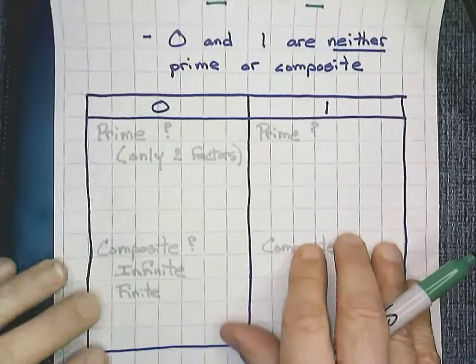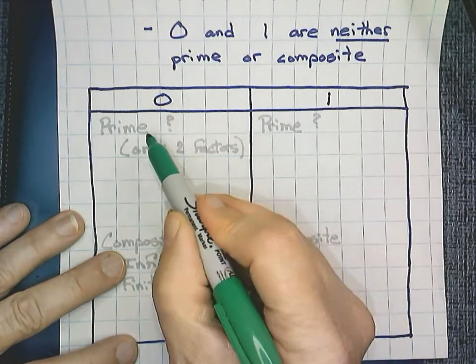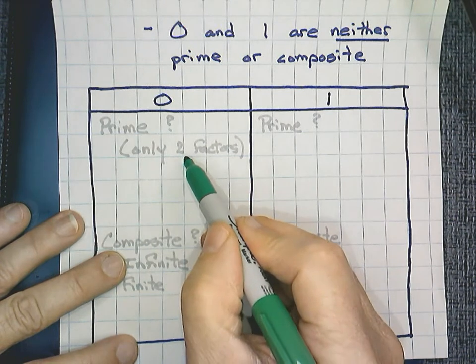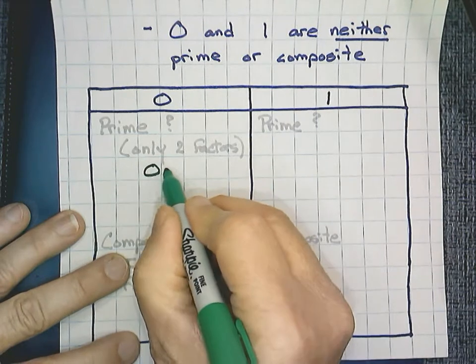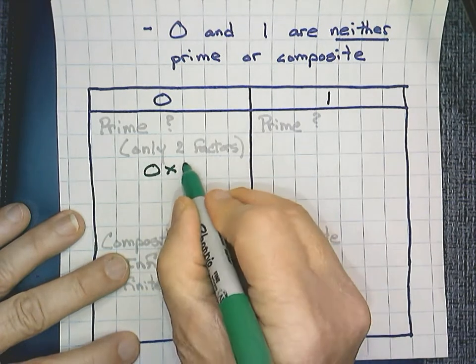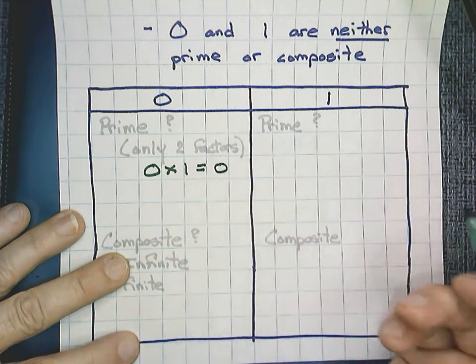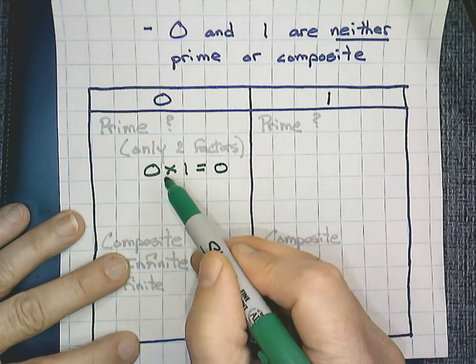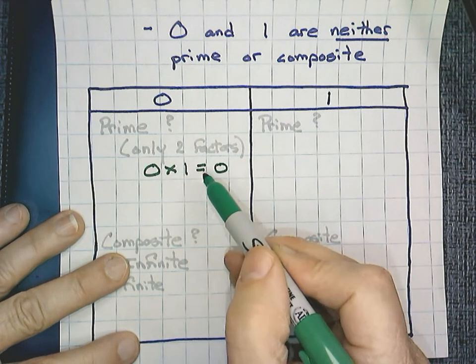Let's see why. Let's check 0. Remember, we said that a prime number has only 2 factors. Well, let's try that. Let's try 0 times 1 equals 0. And you could argue, well, 0 and 1 would be 2 factors, right?